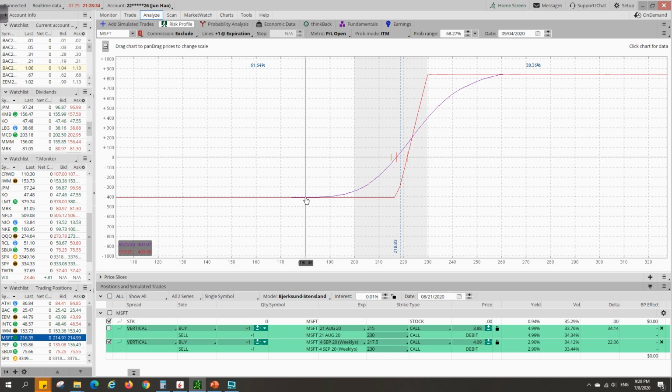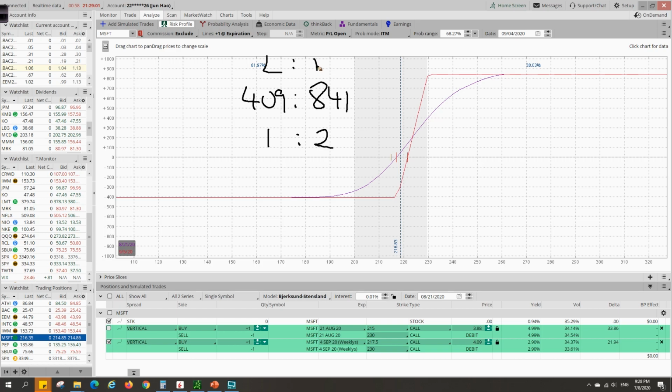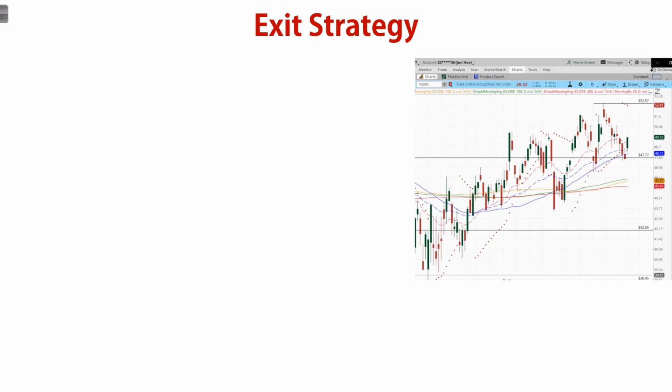If we go back to our Microsoft trade example, you can see that our max loss is 409. Our max profit is 841. Right, so 409 to 841, that is also about 1:2, and in fact slightly more than that. Once all these are fulfilled, you are free to go ahead and place your trade.